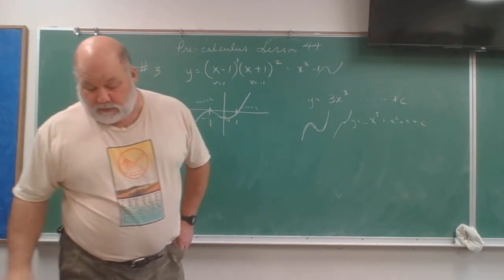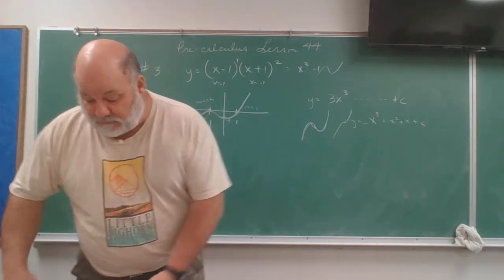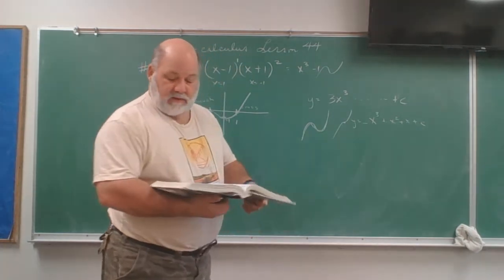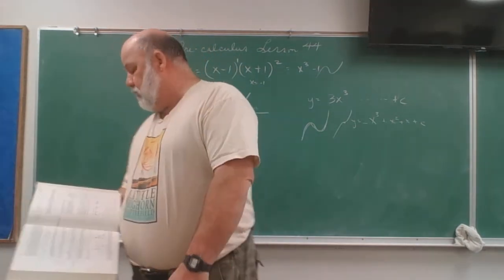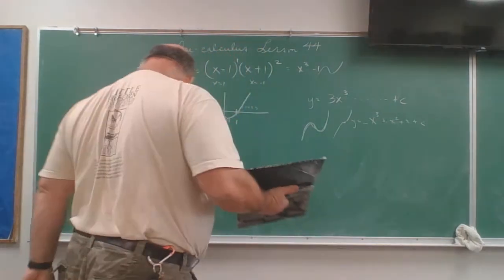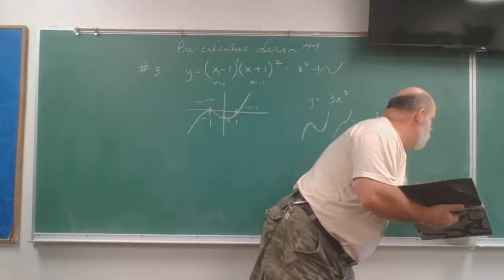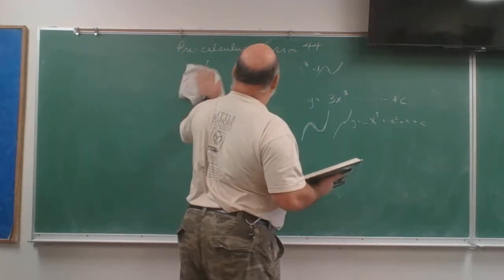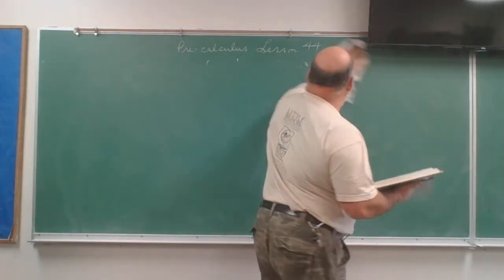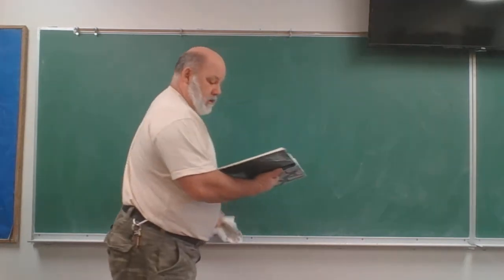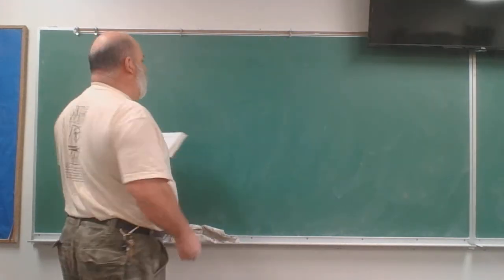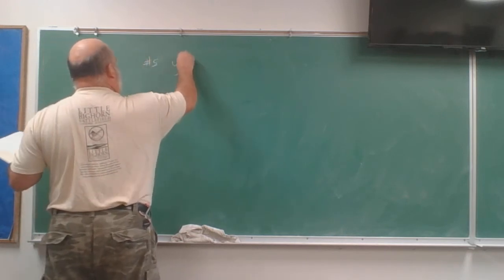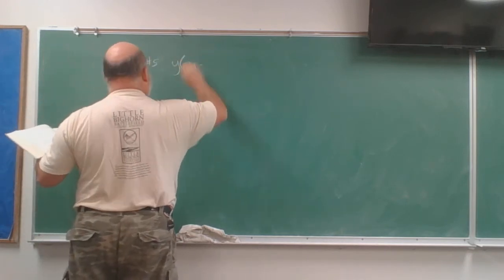Number 5 says, which of the following graphs could be the graph of y equals negative x times the quantity x minus 2 squared? And I've lost all my rags for wiping the board. I'm going to erase this too. Okay? And they give you the possibilities. I didn't put up number 5. Excuse me, I wrote that wrong.